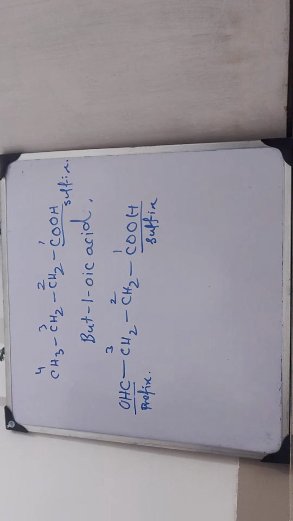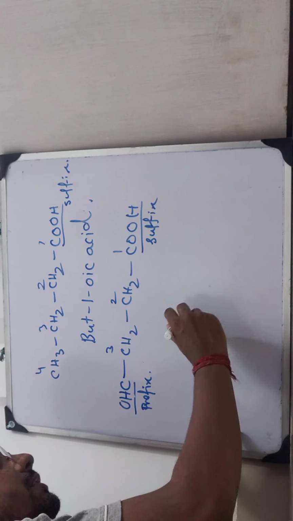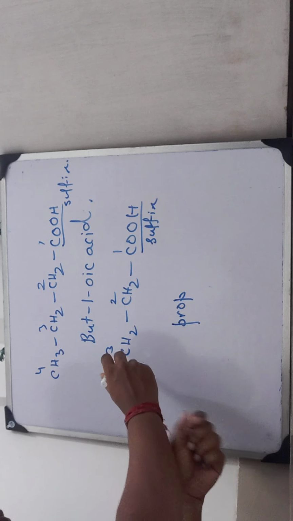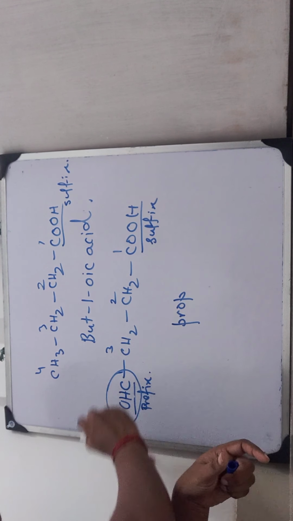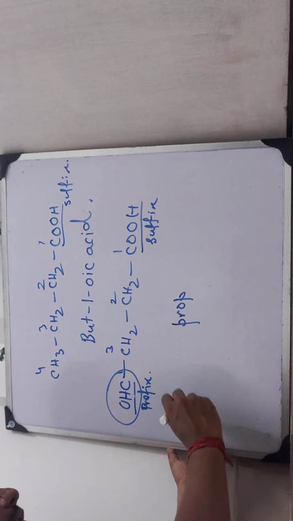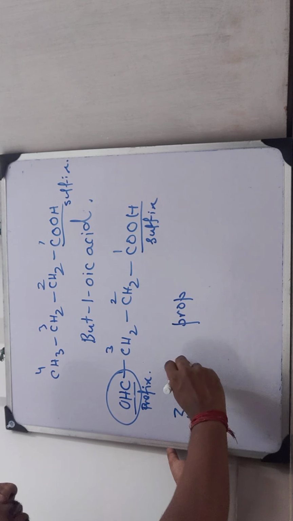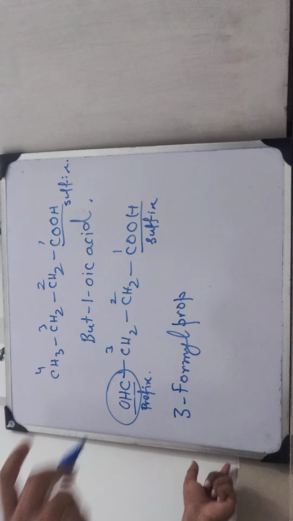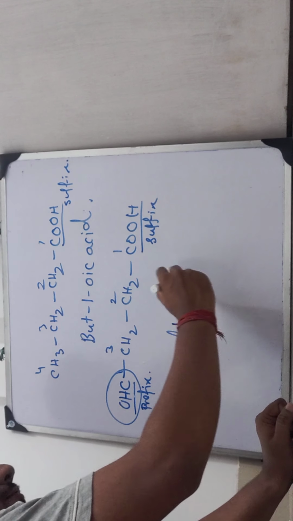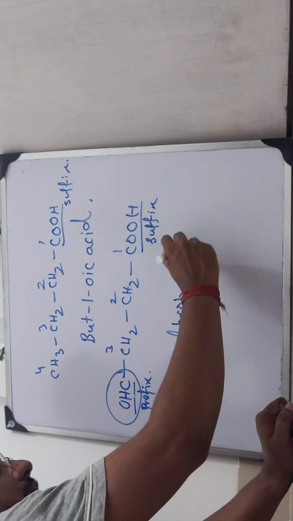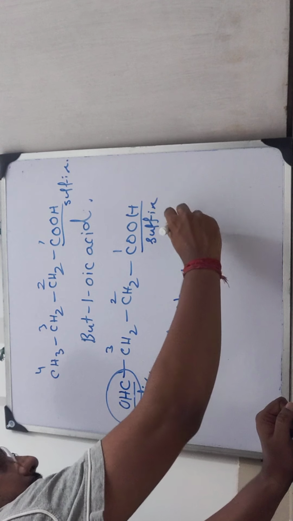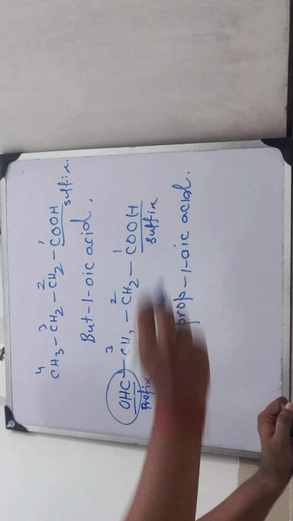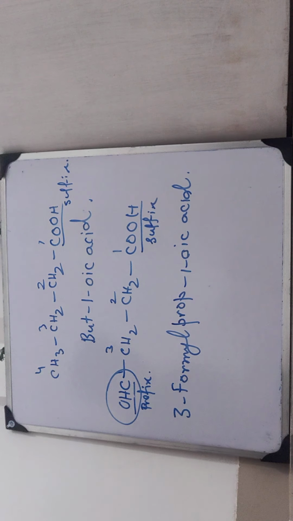Total three carbons, so pro, and to the third carbon CHO is attached, so 3-formyl. The prefix of CHO is formyl, and the suffix of COOH is oic acid.